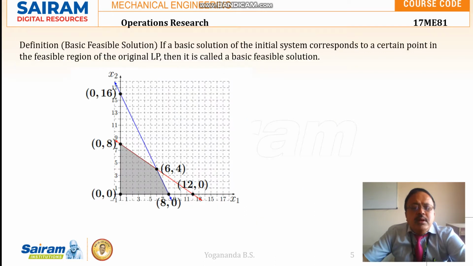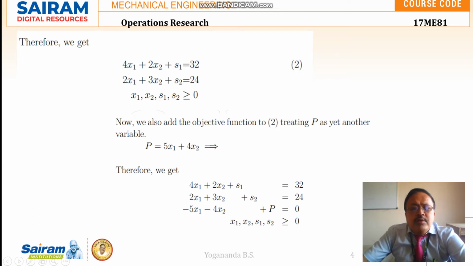Now, if we try to find the solution using the graphical method, it will be plotted as a graph. x1 is taken as the x-axis and x2 as the y-axis. Initially, taking s1 and s2 as 0, we have 4x1 plus 2x2 equals 32. With two variables but one equation, either x1 is made 0 to find x2, or x2 is made 0 to find x1.